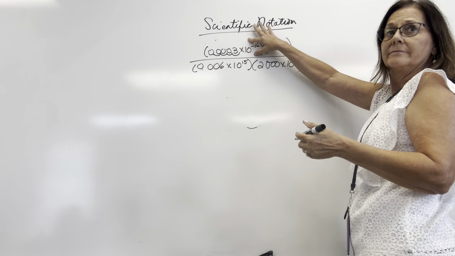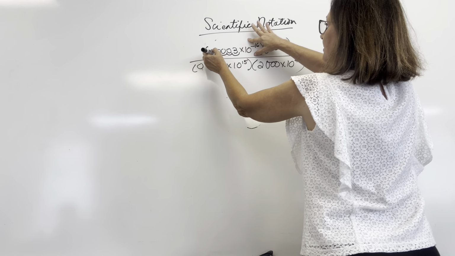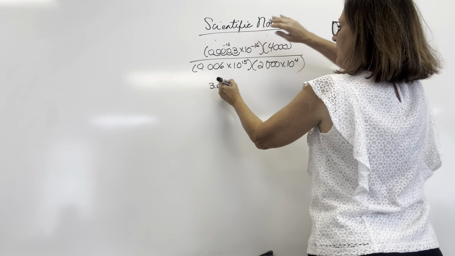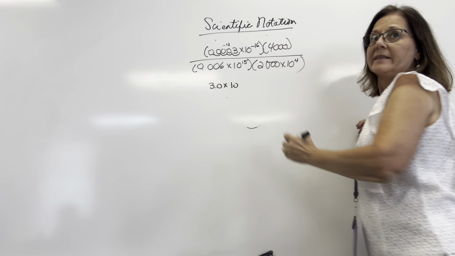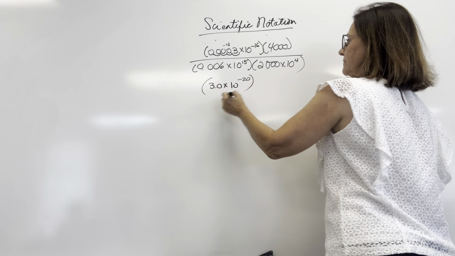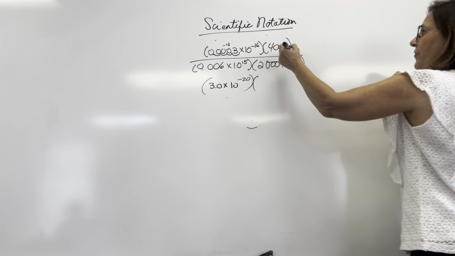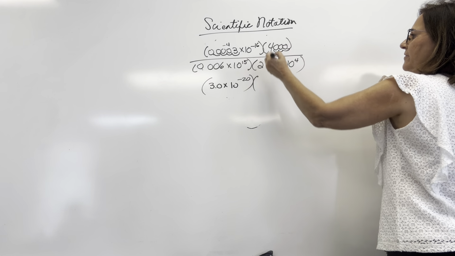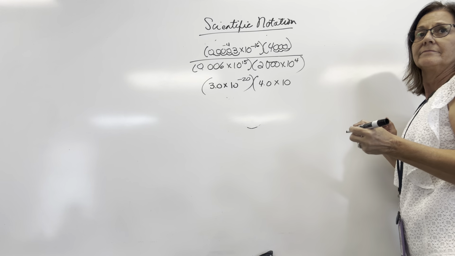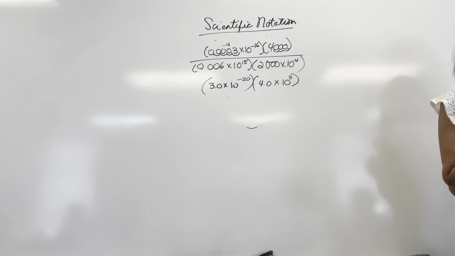Right is negative. So that's negative 4. So that's going to be 3.0 times 10 to the negative 20. For 4,000, I have to move it 3 to the left, and left is positive. Got it?